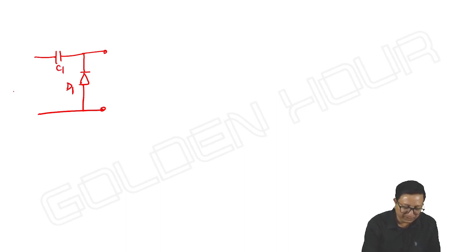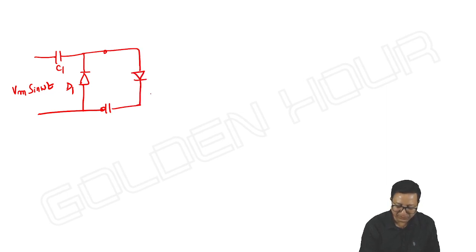C1, D1, Vm sin omega t. Next, instead of taking the capacitor here, I have to take it here, downwards. And here, the voltage across the diode D2. Let me take it as VO1 and VO2.